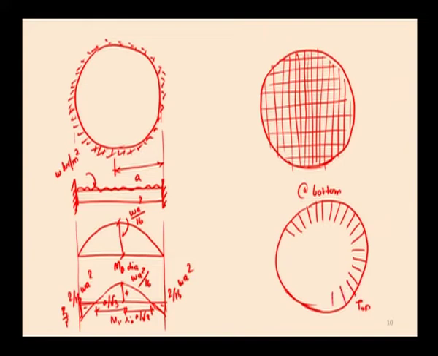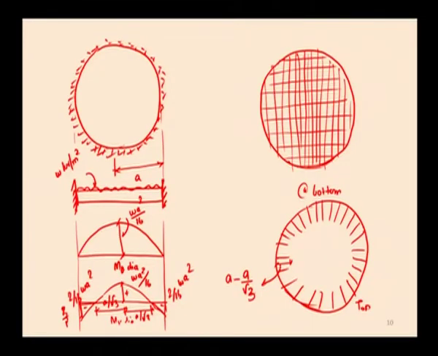At what distance the reinforcement has to be provided is most important. The point of contraflexure occurs on either side of the center of the slab at a by root 3, and the remaining distance, the radius of the slab a minus a by root 3, is the distance up to which the reinforcement has to be provided.